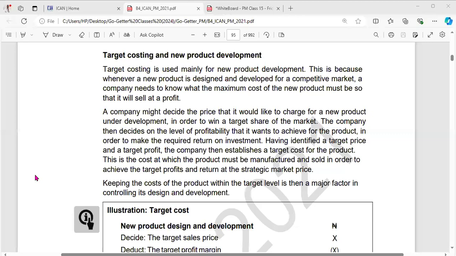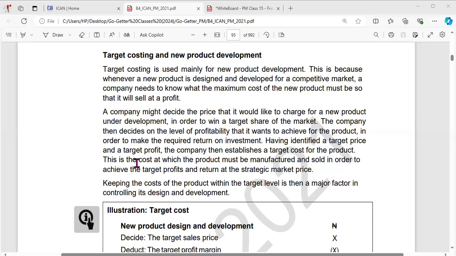A company might decide the price it would like to charge for a new product under development, and the company will have to achieve that level of profitability in order to meet their customers' needs. Now, how do we do target costing?